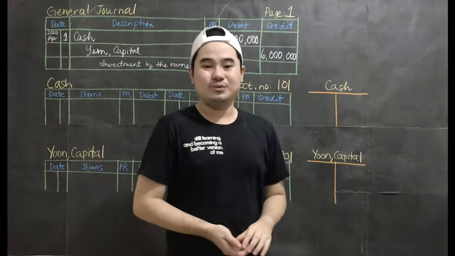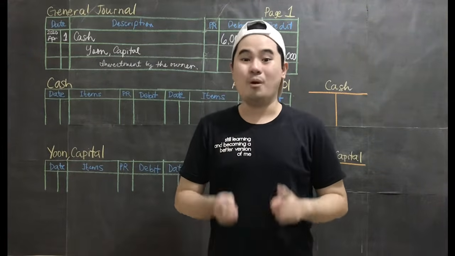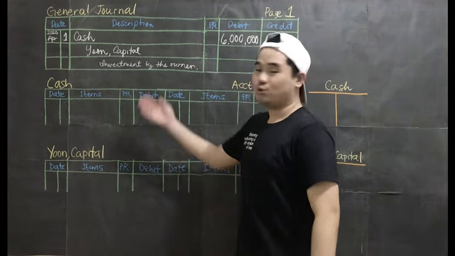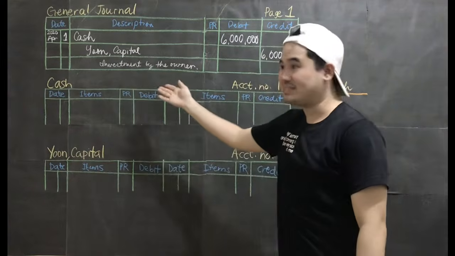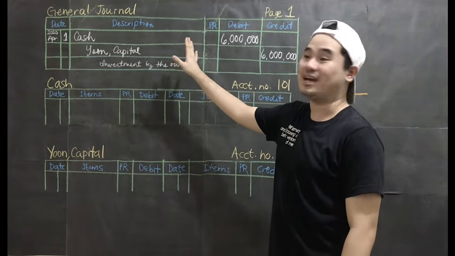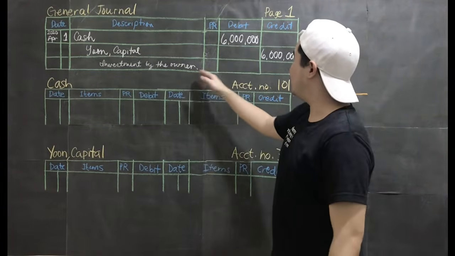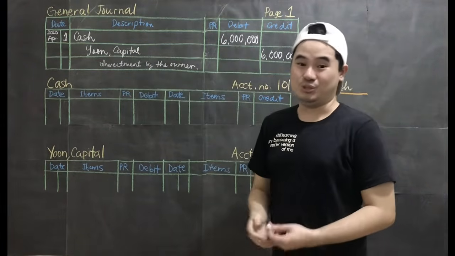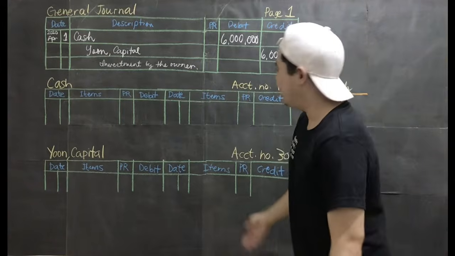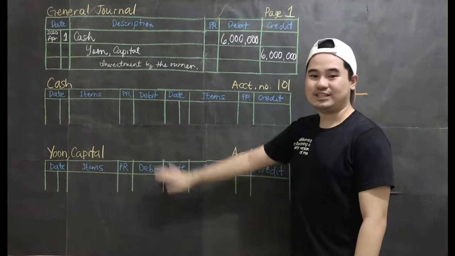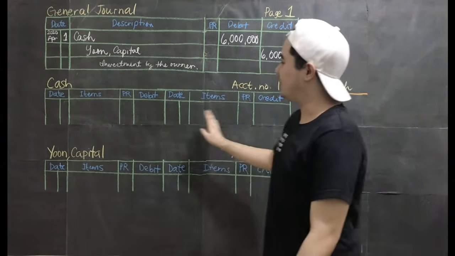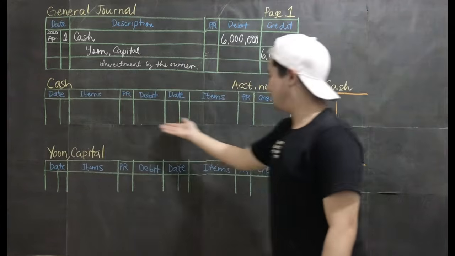So now, I'll be showing you the process of posting. Okay? So, we have here, as an example, yung pinakauna nating transaction noong April 1, yung cash investment by the owner na 6 million ni Miss Yu. Okay? And then, yung nandito natin is yung general ledger. Ito yung ledger natin for cash.